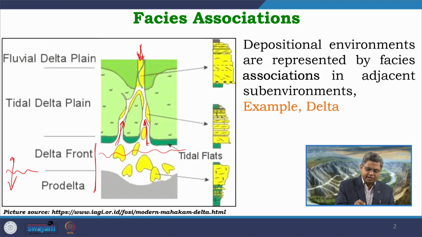If I look at this area, for example, it is beyond the tidal zone, beyond the zone of tidal influence. That means when tidal water comes in during high tide, it reaches up to this zone only, not beyond that.